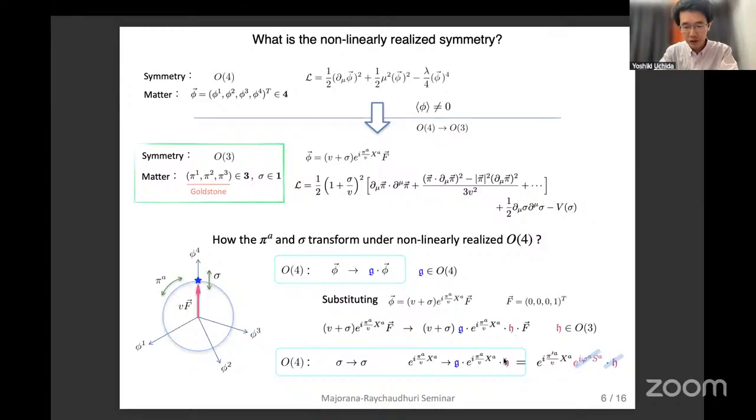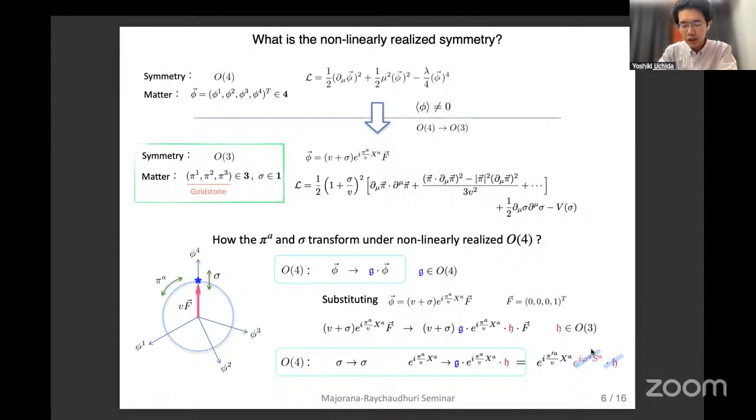But actually, this O3 transformation matrix H is necessary because if we don't insert this H, we cannot define the transformation law of the pi field, the Goldstone-boson field, under the O4 symmetry. I mean, if we act this O4 transformation matrix G on the Goldstone matrix, the resulting matrix includes not only the broken generator, but also the symmetric generator. So this H is necessary to eliminate this symmetric generator part.